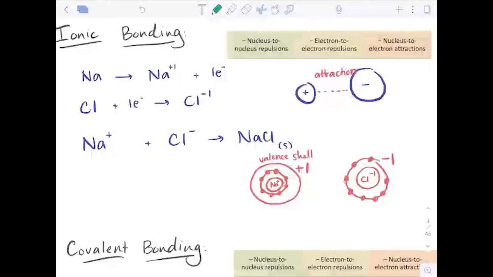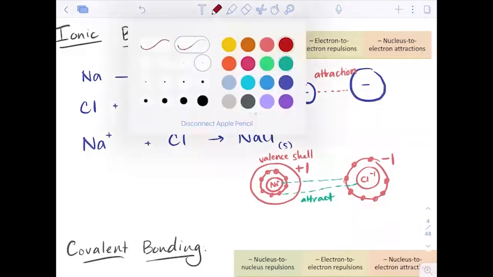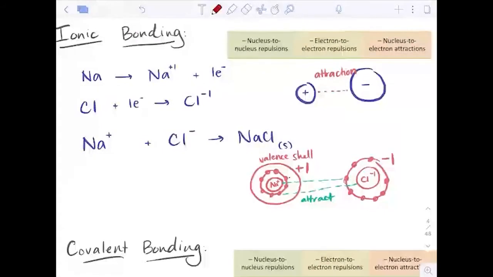Now, what's attracting? Literally, it's the nucleus of one to the electrons of the other, or the nucleus of one to the electrons of the other. That's attraction. But what's repelling? Well, I'll draw it in red just to make it look sad and bad. The electrons repel each other, and the nuclei repel each other.